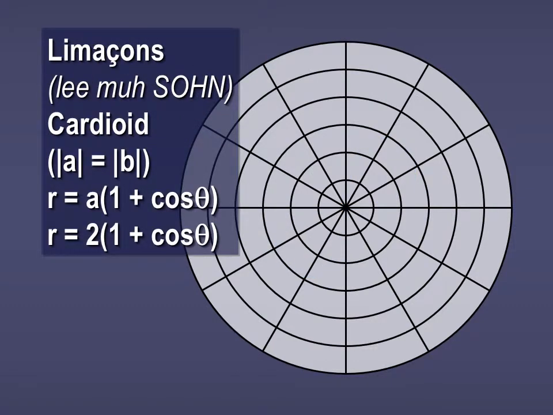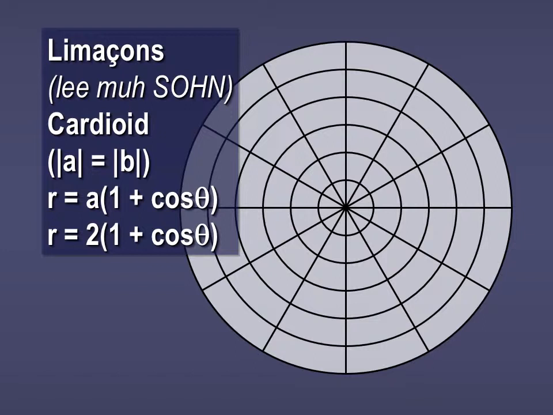So let's talk about limaçons, commonly mispronounced as limacons. I've heard people say them both ways, but it's very important to know that limaçons can be categorized into 3 different things.